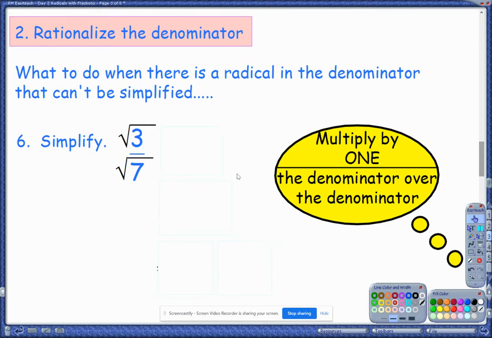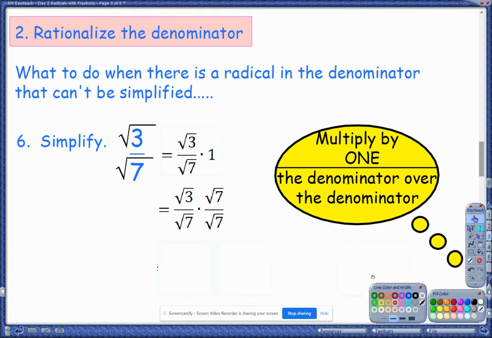So one way to do it is to multiply the fraction by 1. When you multiply anything by 1, nothing changes. However, this allows us to manipulate the numbers so we no longer have a radical in the denominator. I still have my radical 3 over 7, but instead of 1, I can put the same number in the numerator and the same number in the denominator, and I'm going to choose radical 7 over 7.